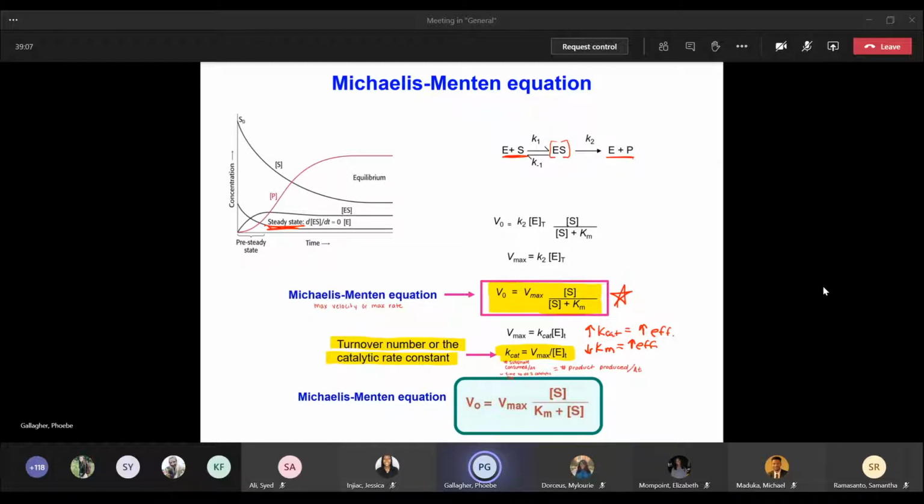Okay, and then Abigail, what is efficiency in this context? What do you mean by that? So, Kcat gives you a hint as to what the efficiency is based on the turnover number.